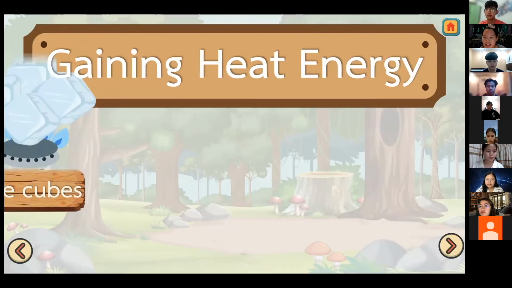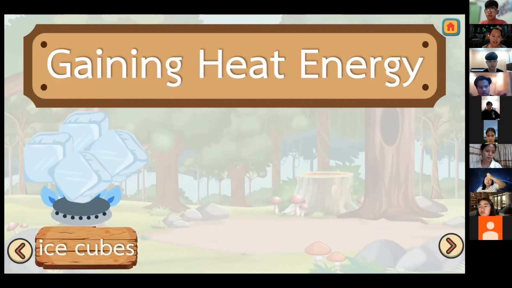Gaining heat energy. This is ice cubes. Everyone see ice cubes? Yes. If we add heat to the ice cube, what do you think the next state will be? Liquid. Excellent, very good.